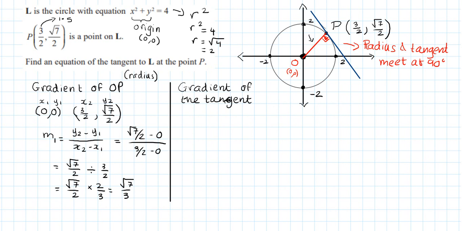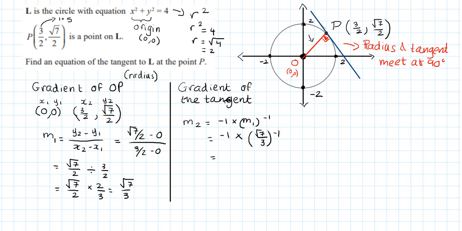So m2 will be -1 times m1 to the power of -1, which is -1 times root 7 over 3 to the power -1.